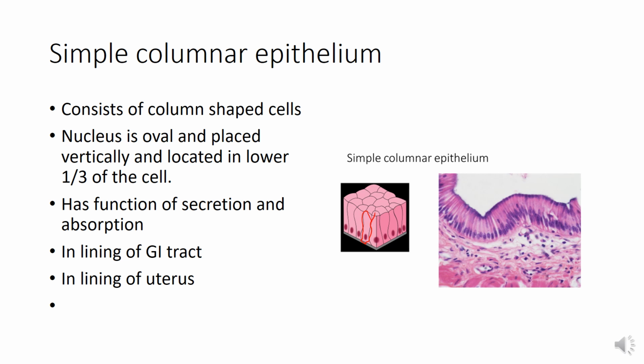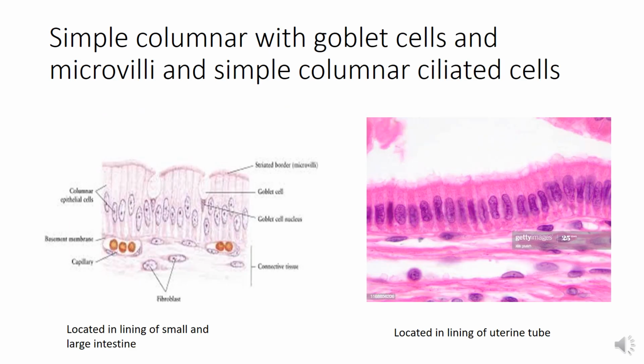It has a function of secretion and absorption. So it is present in the lining of the GI tract and in the lining of the uterus. Here you can see the nuclei lying at the same level. So this is the simple columnar epithelium, which consists of column-like cells.